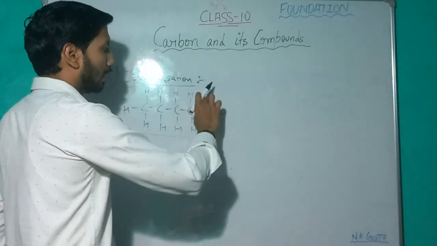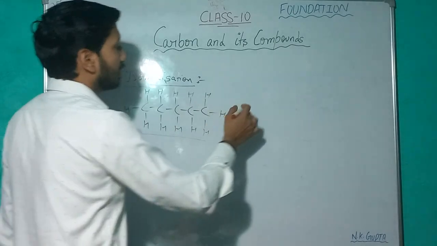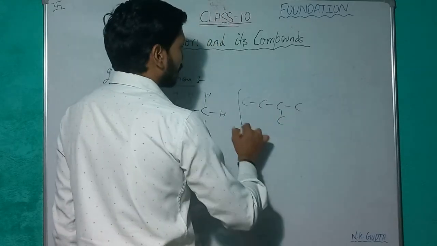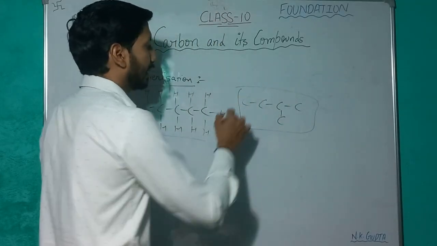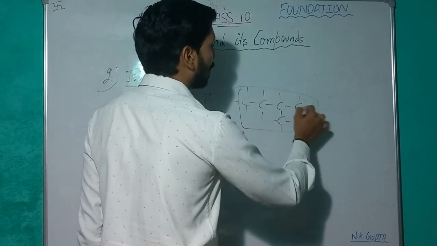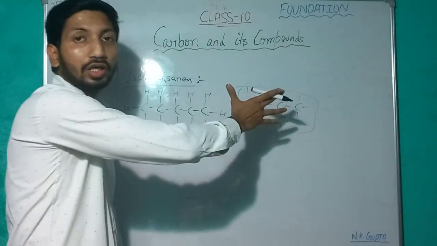If we take this carbon and attach it to this carbon, that means we form a branch of this carbon. That means the overall formula of the compound is the same but the structure is different.